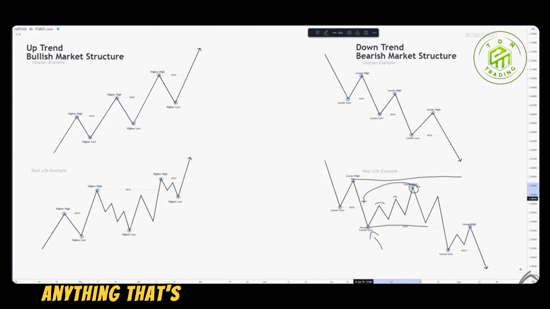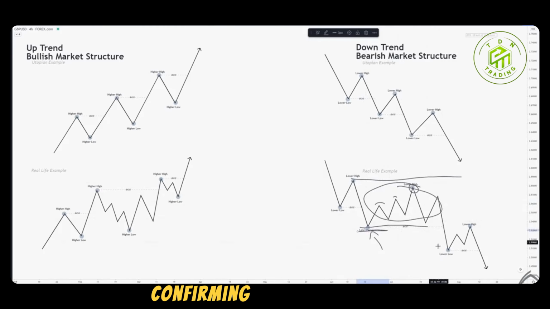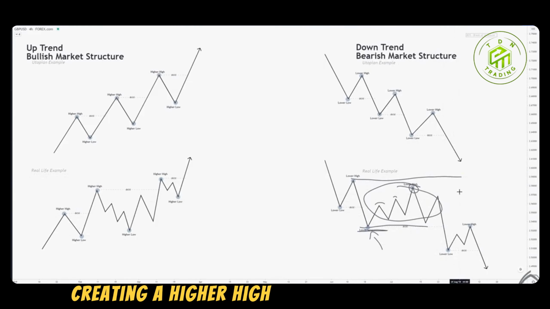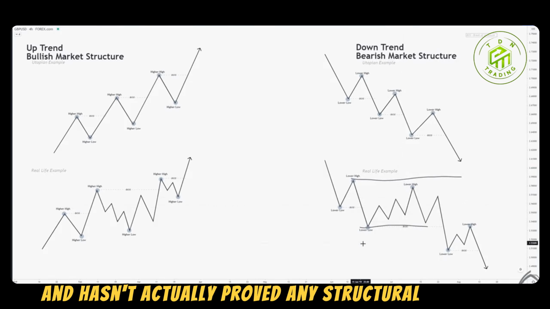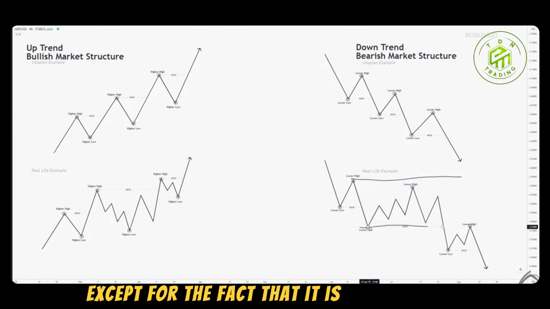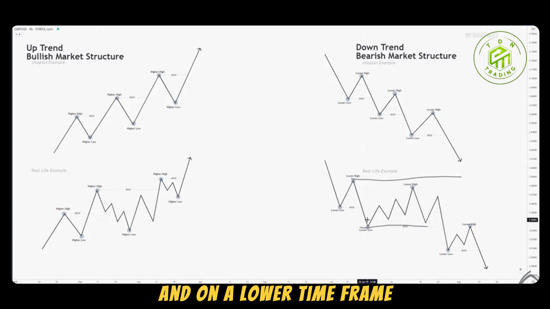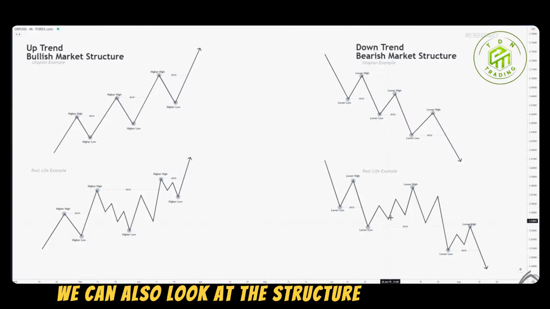So anything that's in the middle of this range, until this lower low is broken, confirming a new lower low, or if price breaks to the upside and starts to trend bullish, creating a higher high, all of this price action is just caught within the range and hasn't actually proved any structural relevance, except for the fact that it is substructure, and on a lower time frame we can also look at the structure in that regard.